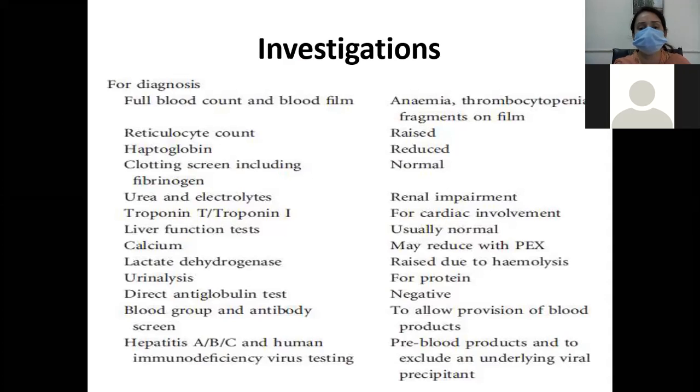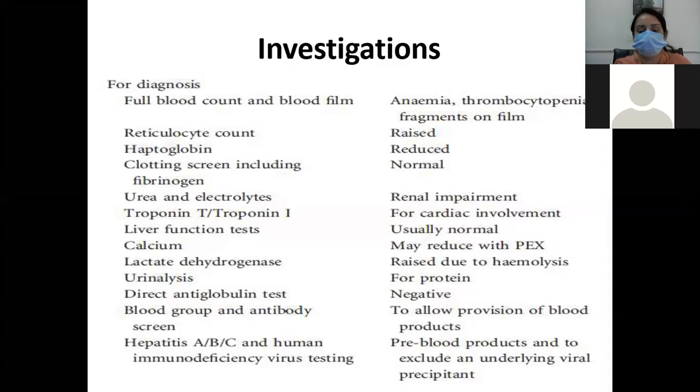While urea and electrolytes will be raised in renal impairment, we can also do troponin T to see the cardiac involvement. We can also do liver function tests, and calcium will be reduced, and lactate dehydrogenase or LDH will be raised due to the hemolysis.